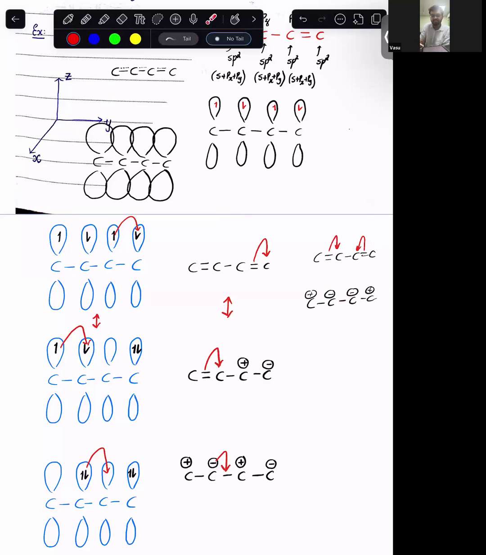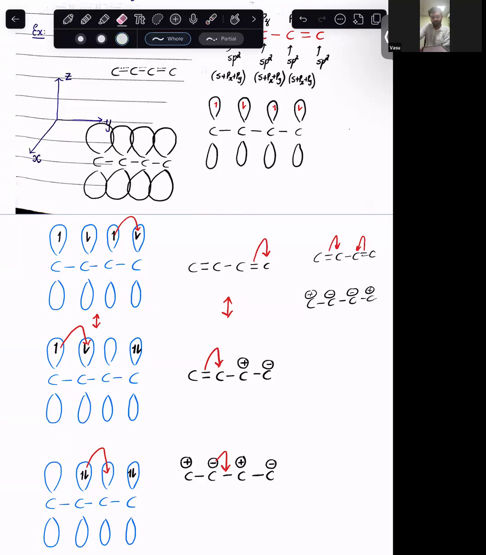This can be a valid structure because you have a completely vacant orbital, two electrons here, completely vacant orbital. But this doesn't contribute to the stability of the overall resonance hybrid, or in a way, I shouldn't be forming this structure. But if they ask if this is a valid resonating structure, yes, it is a valid resonating structure. But two negative charges on adjacent atoms is highly unstable because of the repulsive forces.